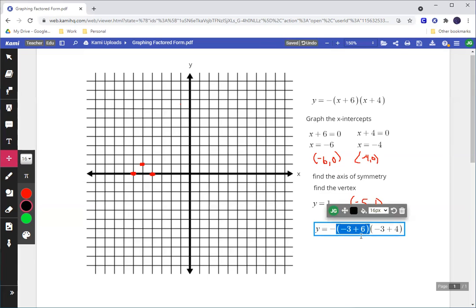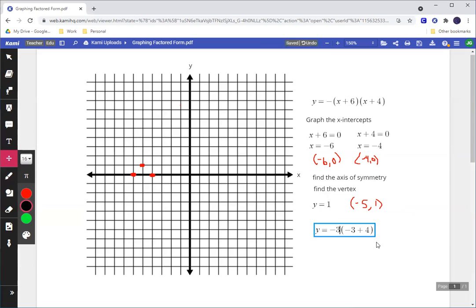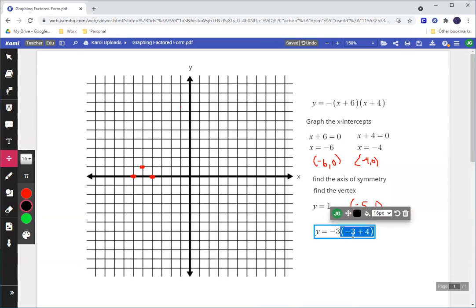Okay, -3 plus 6 gives us 3. -3 plus 4 gives us 1. And 3 times 1 equals 3, with the sign giving us -3.